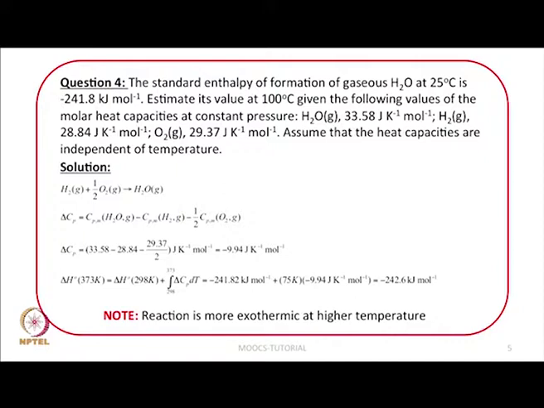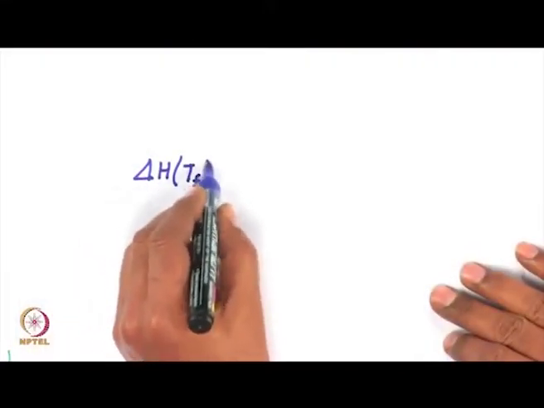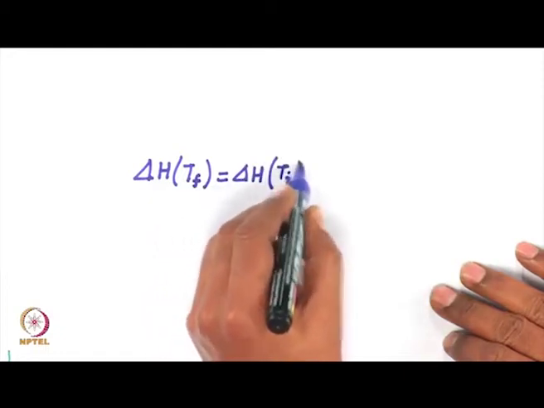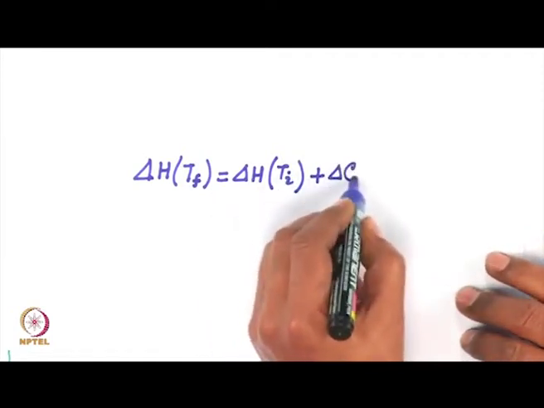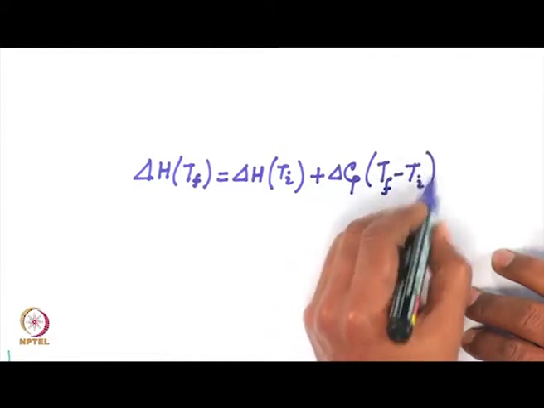Although in this example the difference is not very large, this difference is actually decided by the connector delta Cp, because delta H at a final temperature is equal to delta H at an initial temperature plus, if I treat delta Cp to be independent of temperature, delta Cp times Tf minus Ti.